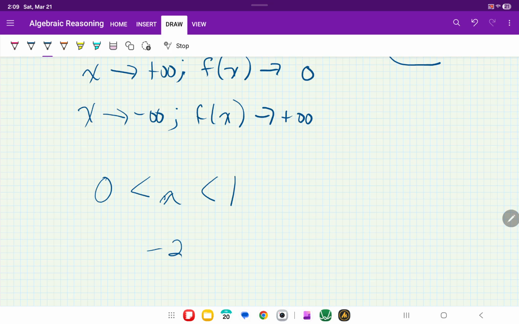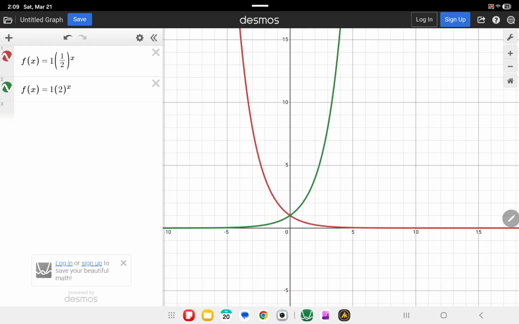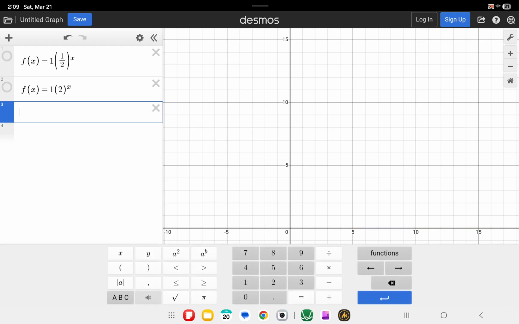So let's go see what happens when I put in the function -2. I'm going to hide these two. I do my function f of x equals 1, my initial value, parentheses, then -2, close my parentheses, and I raise it to the x power.